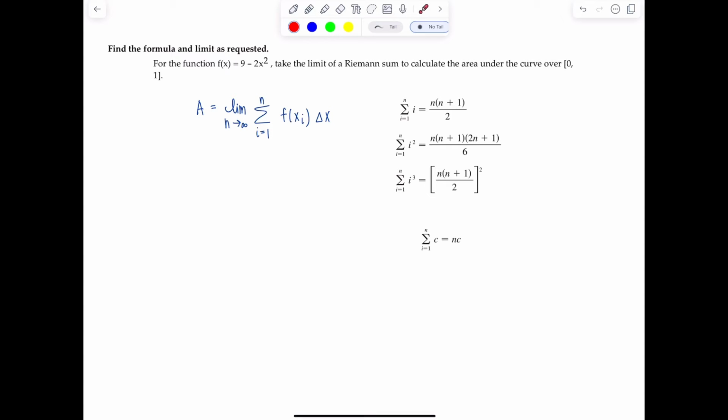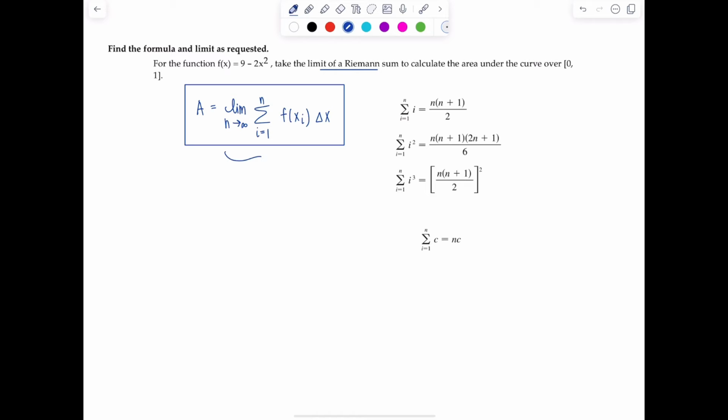We add them all up, just like we did in the previous problem, right? We had 4. Now we have n many, and then we want no error, so we take the limit as n goes to infinity. This you should memorize. You should be able to write this down no problem. So take the limit of a Riemann sum. We need to set up this whole sum and then take its limit.